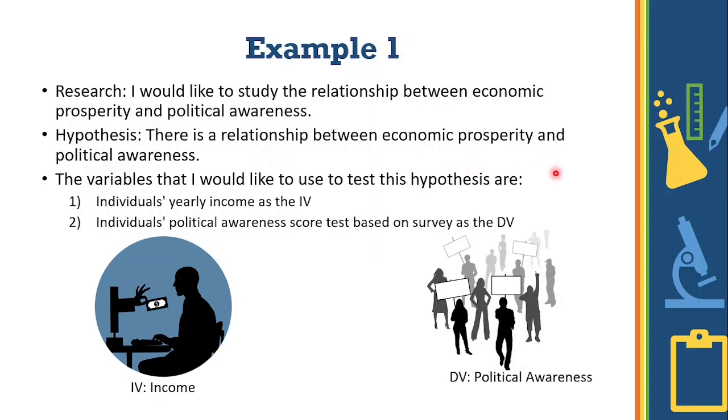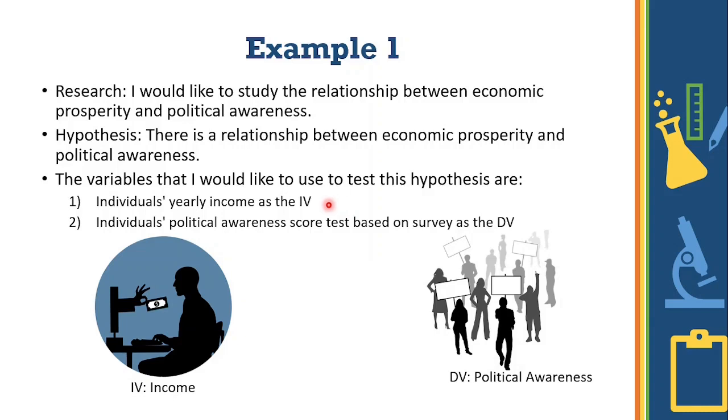And so the variables that I use to test this hypothesis are individuals' income as the independent variable, and the second variable, the dependent variable, is a score of individuals' political awareness. So let's say we have 100 samples to test this hypothesis. These 100 samples will capture two specific pieces of information from the individuals.